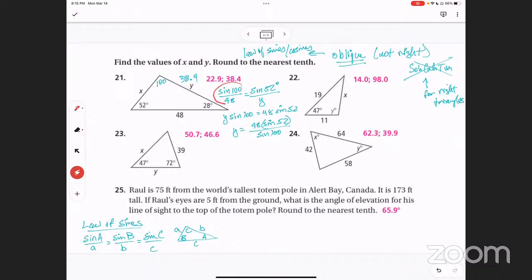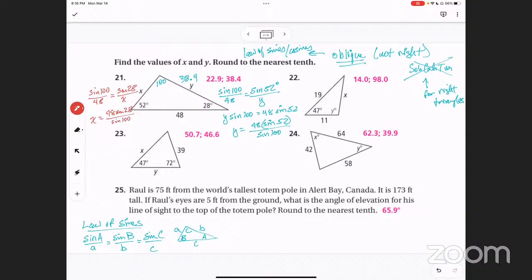Instead of sine of 100 over 48 equals this, it would be sine of 100 over 48 equals what? Sine 28 over x. Good. So what does x equal? It equals 48 sine 28, divided by sine 100.